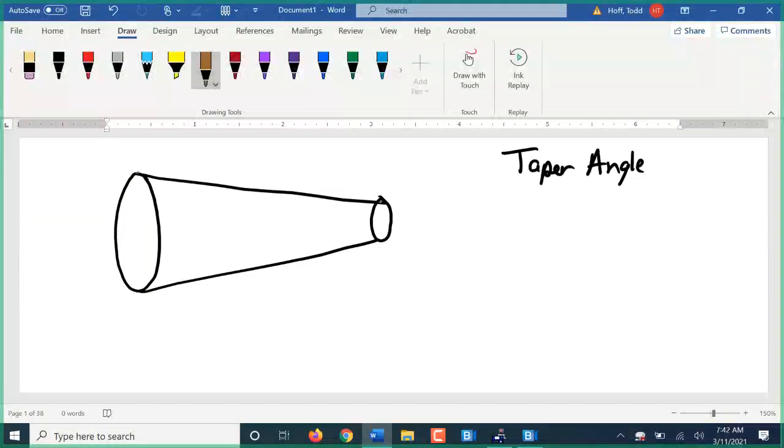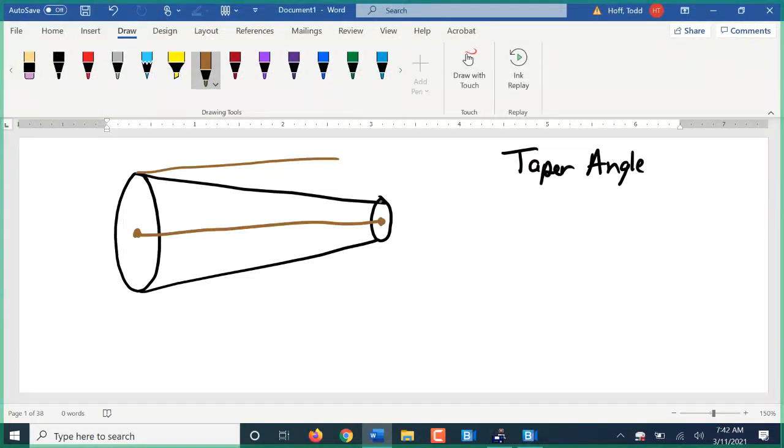You could draw this out here parallel to the axis. The axis of a taper, if it's what we call a right taper, the center of the circle on the large end is positioned in line with the center of the circle on the small end.